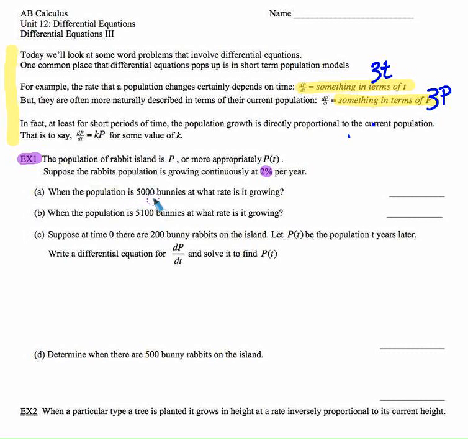So when the population is 5,000 bunnies, the rate is 2% of the 5,000 bunnies, which is 5,000 times 0.02. So then the rate of growth is 100 bunnies per year.